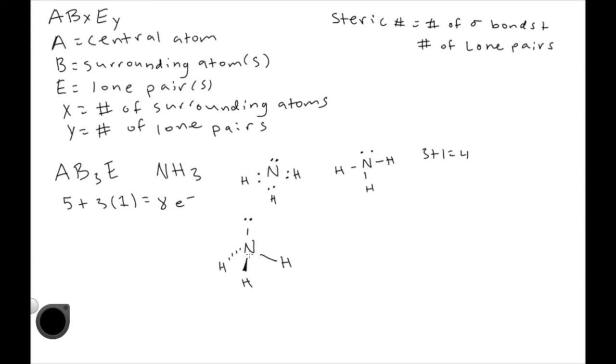So instead of the angles being 109.5 as they would normally be in a tetrahedral molecular geometry, the angles between the bonds is slightly less than that, so around 107.3 degrees. And so we call this geometry trigonal pyramidal.